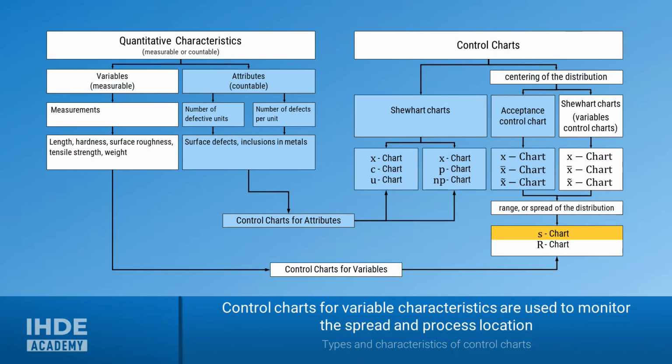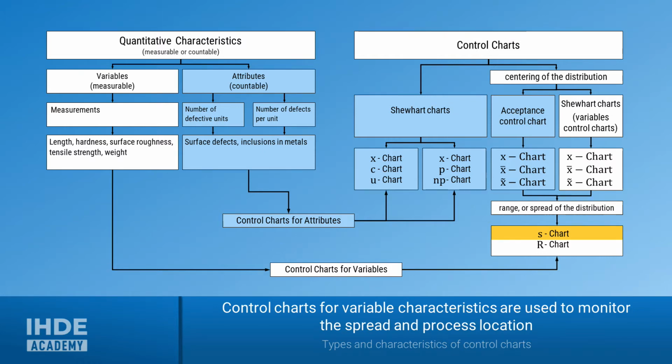To be able to classify the standard deviation control chart in comparison to the other quality control charts, this picture shows the connection between the various characteristics and the control charts used. The different characteristics are shown on the left and the different control charts on the right.